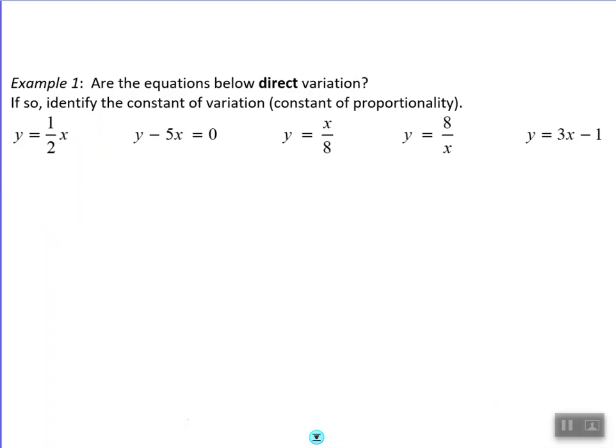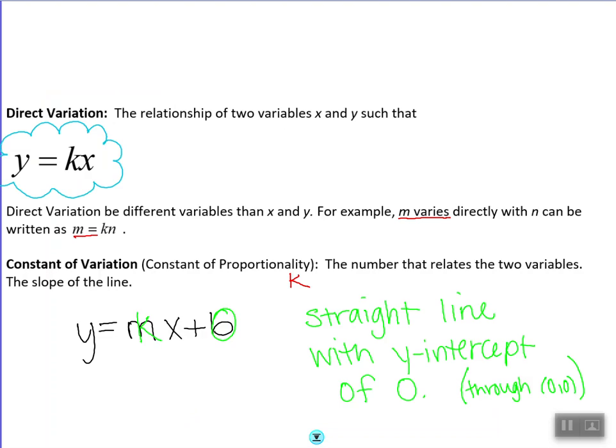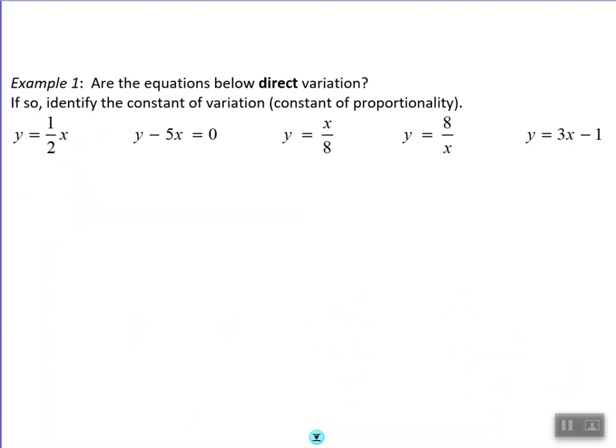We need to ask ourselves, is this in the same format as y equals kx? We have y equals 1/2 x, so yes, this is direct variation. And our k value is 1/2.